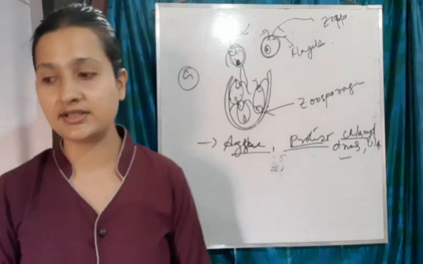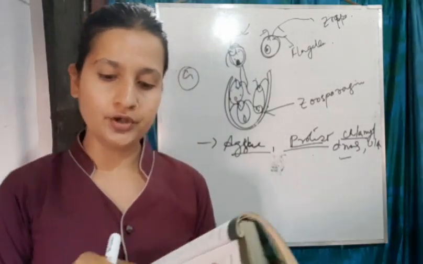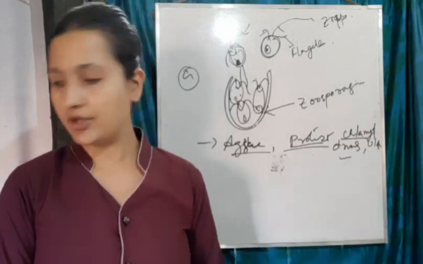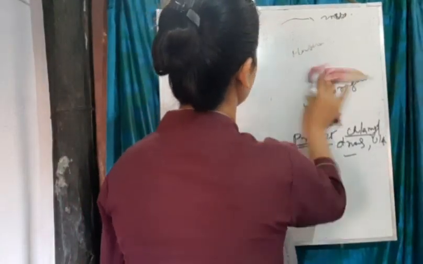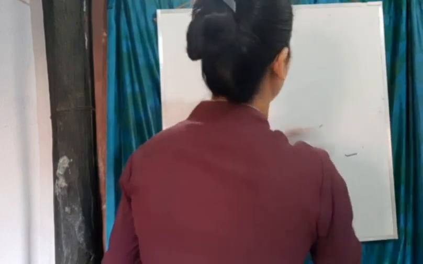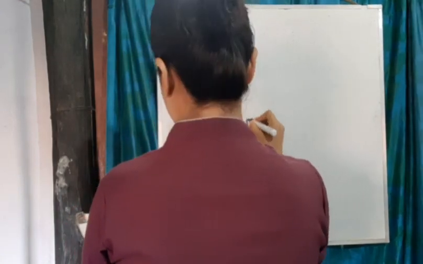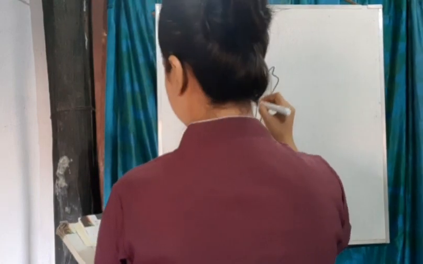Next is conidia. As you can see in your NCERT book, conidia of Penicillium. So it is found in Penicillium. Here you can see a stem-like structure is there, all right.